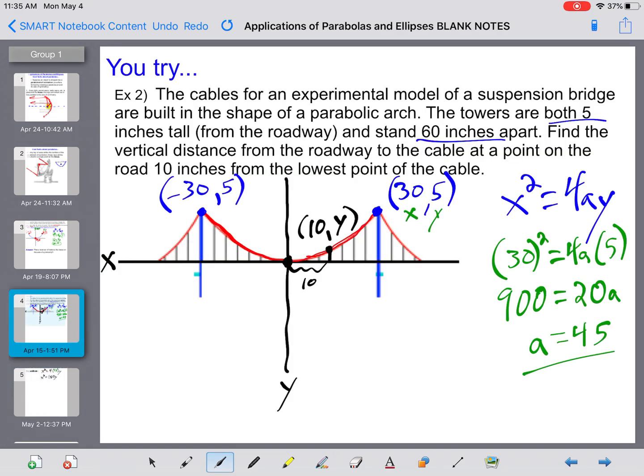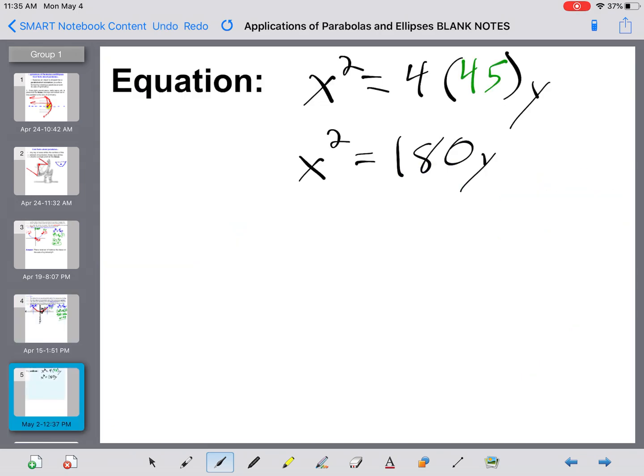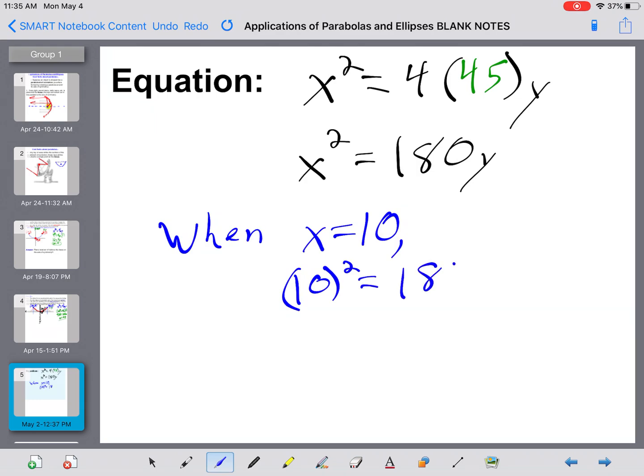Now, to answer the question, I want to know the y value when x is 10. This equation, x squared equals 180y, describes the parabola I just drew, the one from the bridge. So to find the y value when x is 10, I'm going to plug in 10 for x. When x equals 10, you get 10 squared equals 180y, so we get 100 equals 180y.